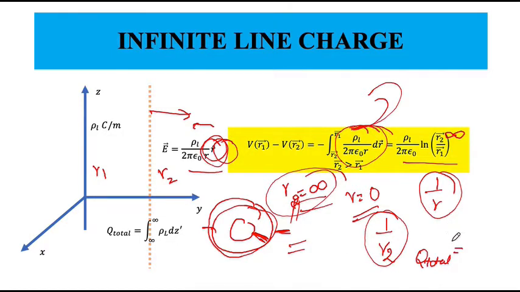If you go from minus infinity to plus infinity of rho L dz', what will be the value of total charge? Try to think a little about this total charge.